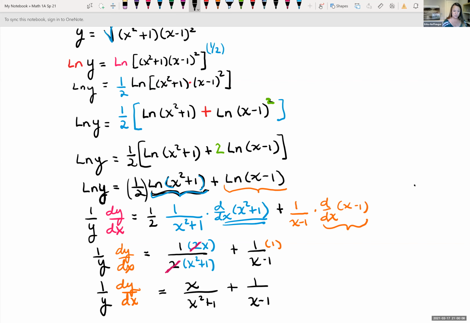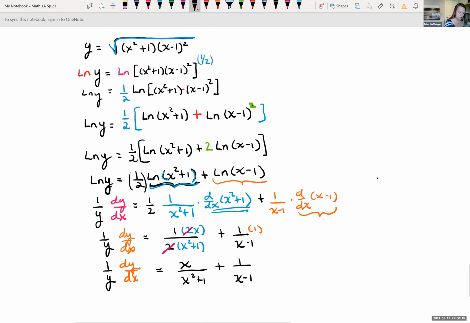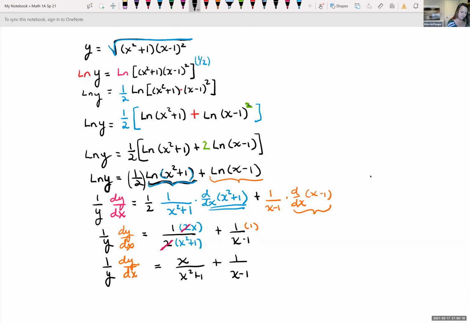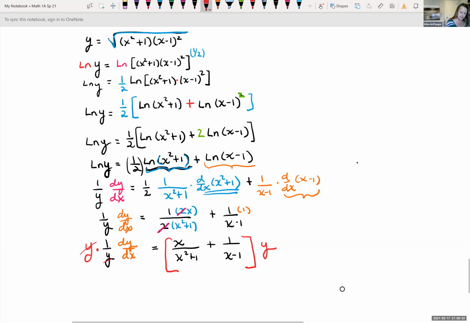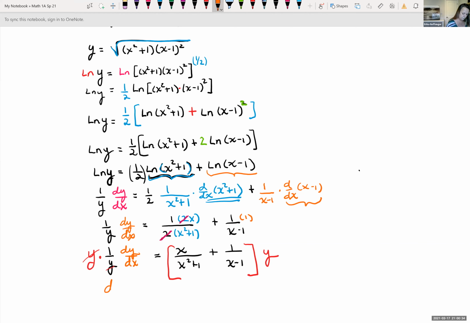The problem is we wanted the derivative. We didn't want 1 over y times the derivative. And so all we have to do to get this derivative by itself is multiply both sides by y. So those y's cancel, and we're left with the derivative dy dx is equal to this x all over x squared plus 1.